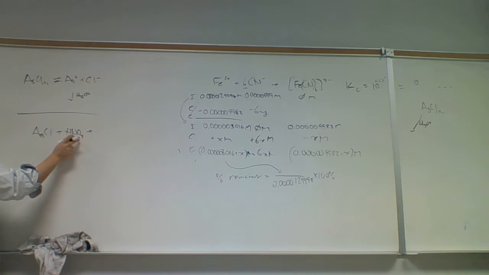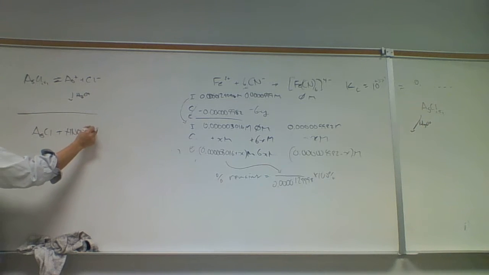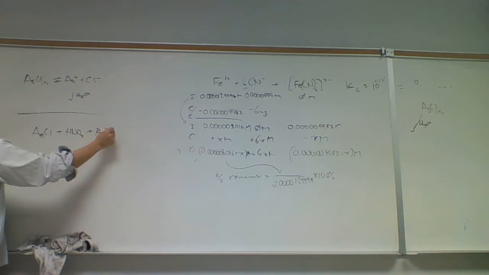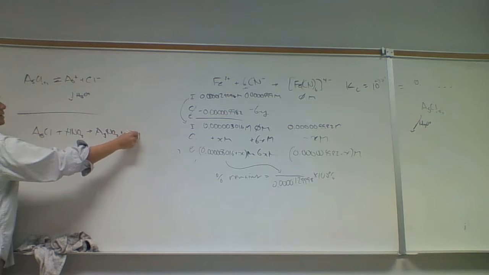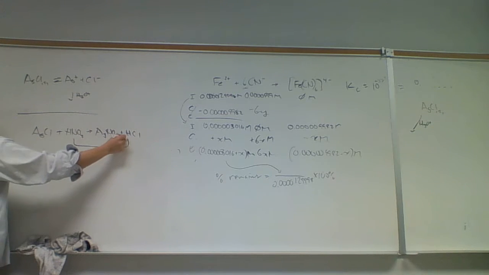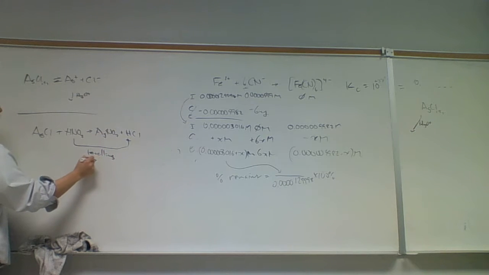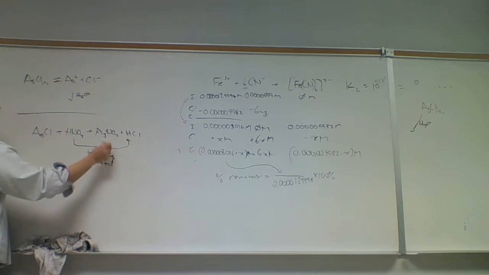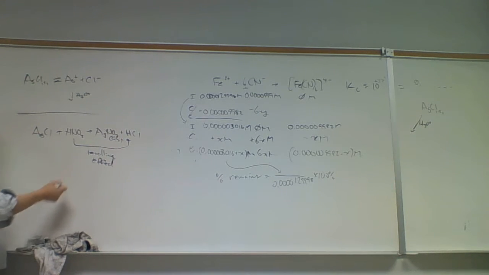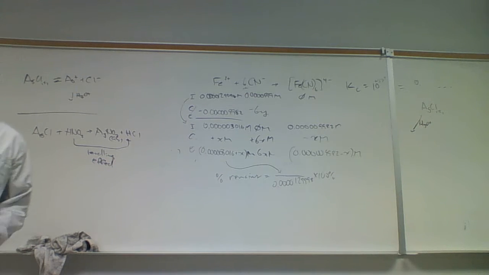This is just normal concentrations of nitric acid. And then we would get silver nitrate plus HCl. And we say that the leveling effect is, this is aqueous, and therefore there's no driving force for this. And so we get no reaction.